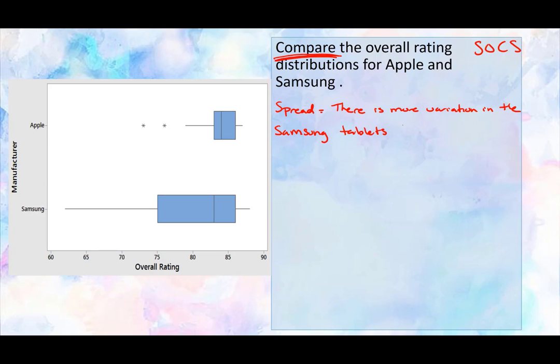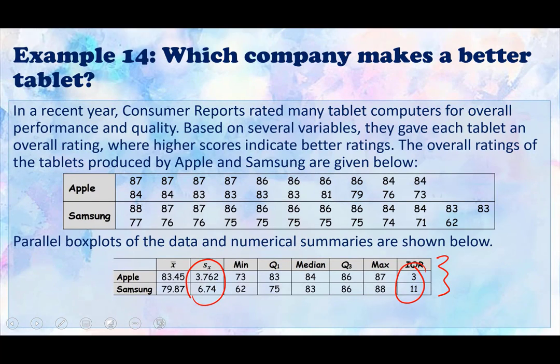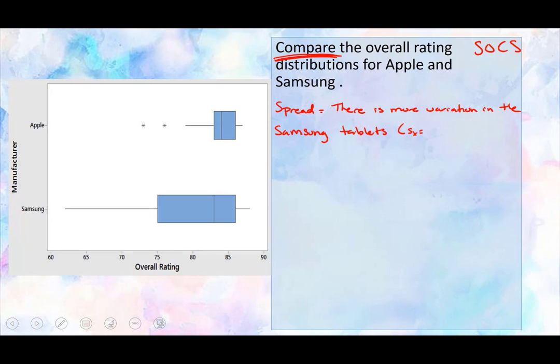And here you can drop some numbers. You can say that S sub x is equal to, for the Samsung, going back, we have 6.74 and an IQR of 11.